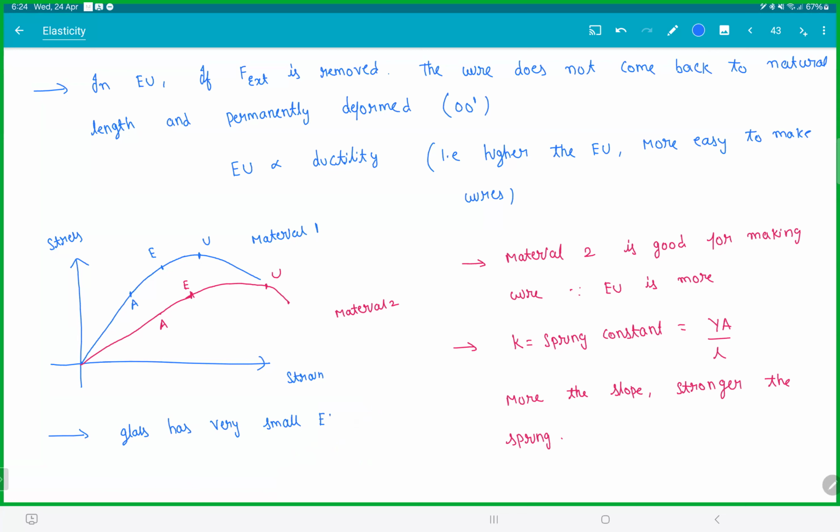It can be made into thin wires. Clear? Yeah, that is melted glass, not after it becomes solidified.